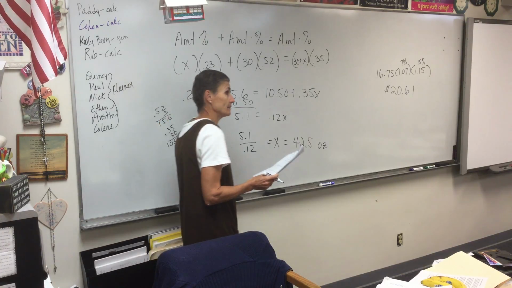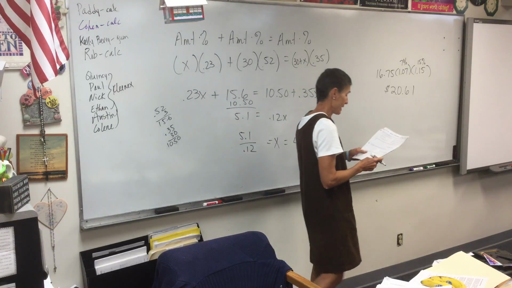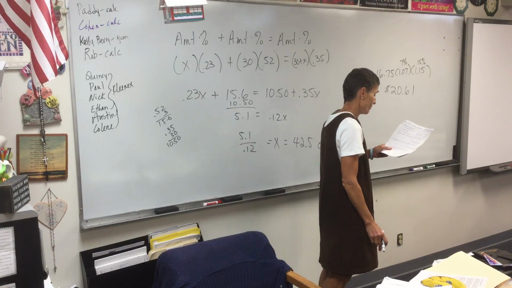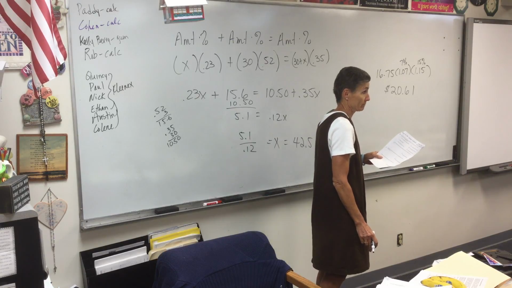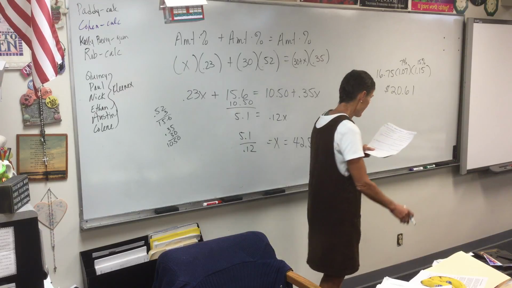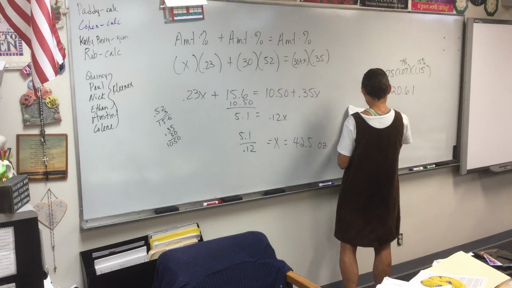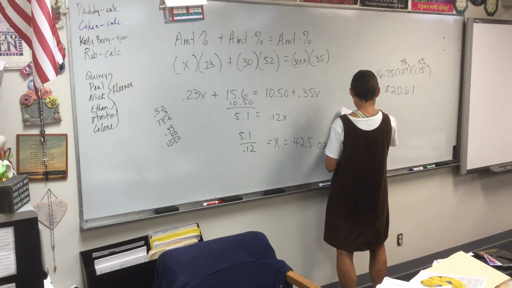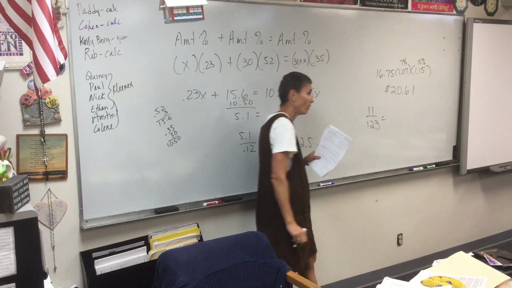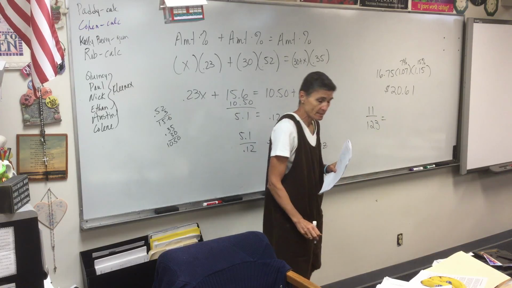All right, and finally, last problem of the day. Last year, our pre-cal book cost $123. This year it costs $134. Find the percent of increase. Take 11 divided by 123. And where did the 11 come from? The difference.